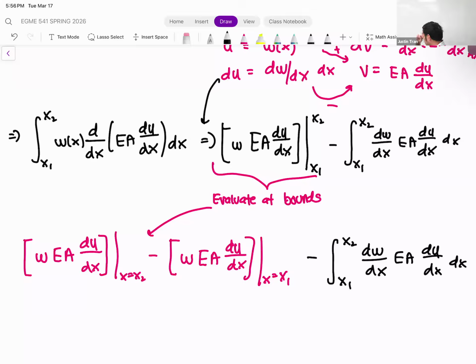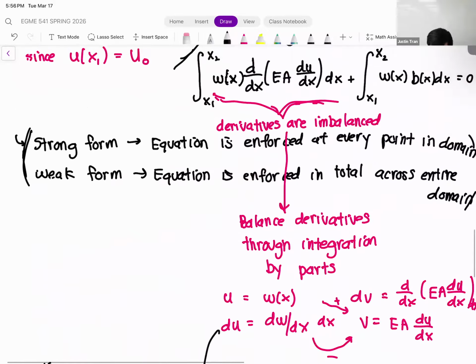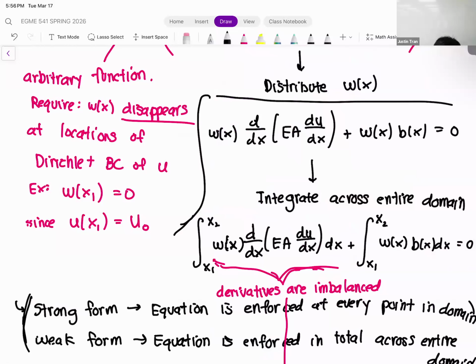Let's take a look at the terms in pink first, because those are going to be interesting. In particular, this one right here: the quantity w times EA times du dx evaluated at x equals x1. What did we say about W before we began all of this? Scrolling up, since for this problem we have a Dirichlet boundary condition at x equals x1, our W function is going to be 0 at that location.